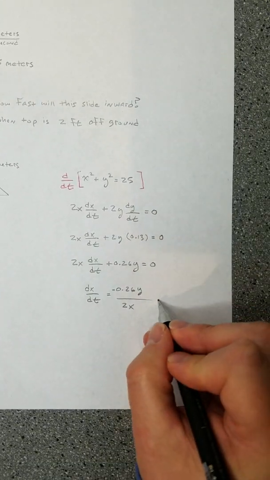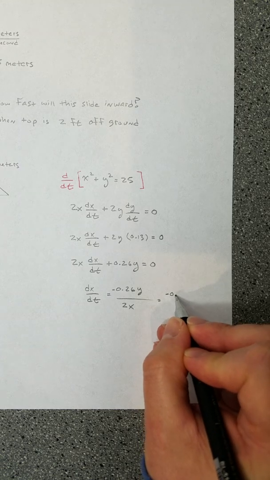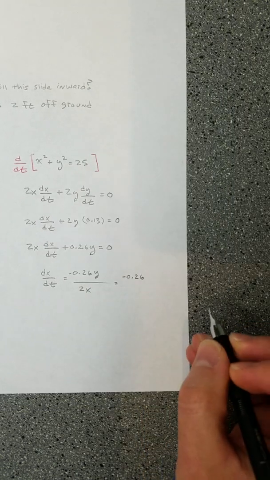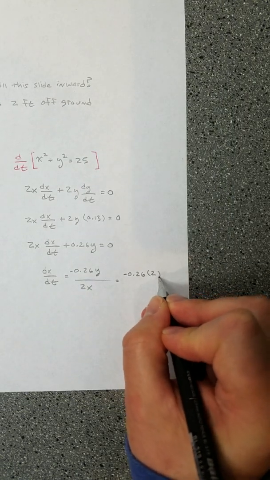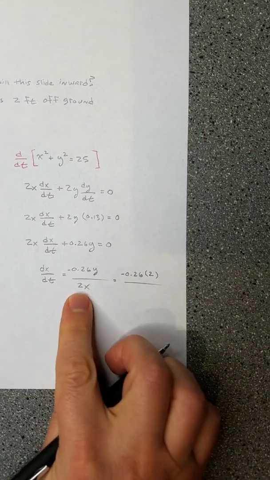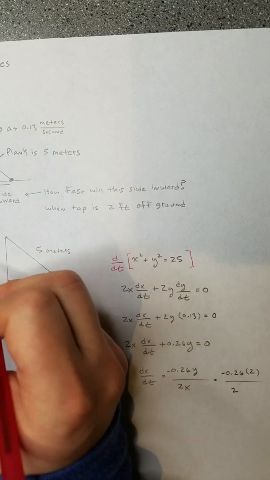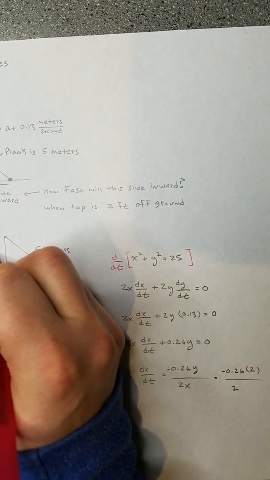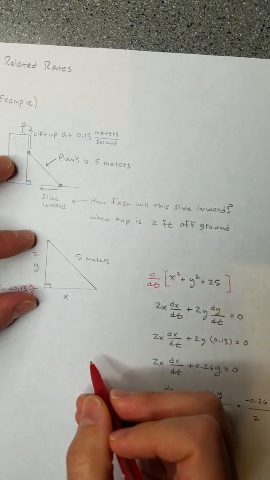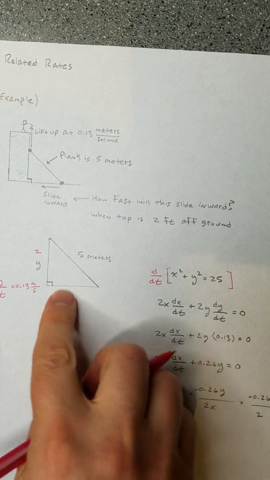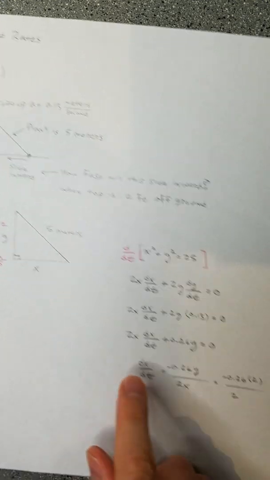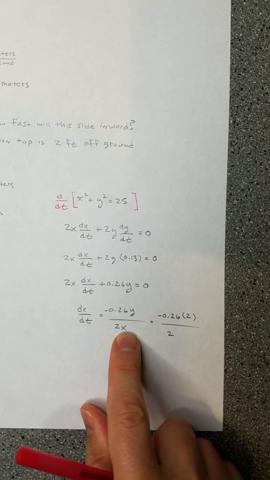So let's do this. Negative 0.26 times 2. I know that y is 2. What's the x though? Well, if the top is 2 feet off the ground, how big is the base? That's what x is. That's what needs to go right here.